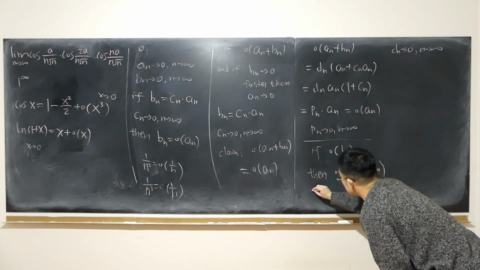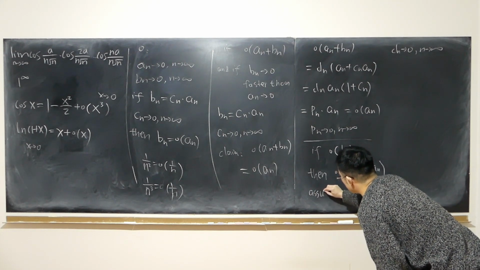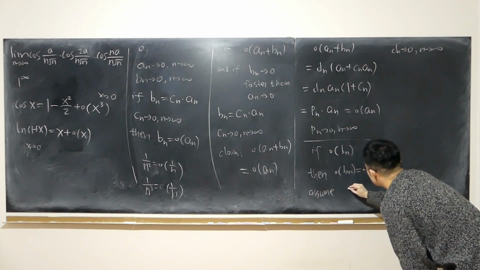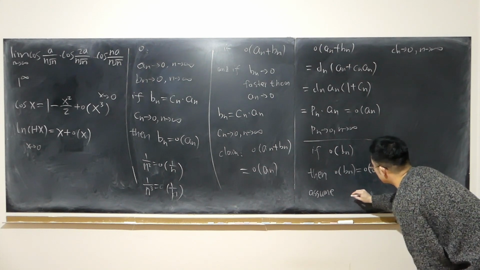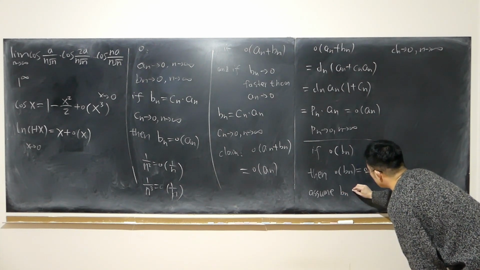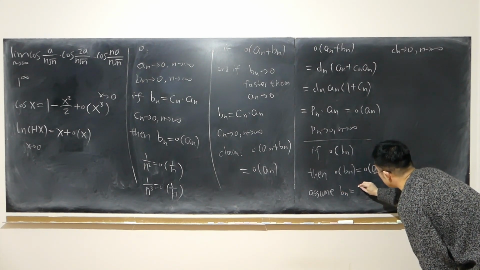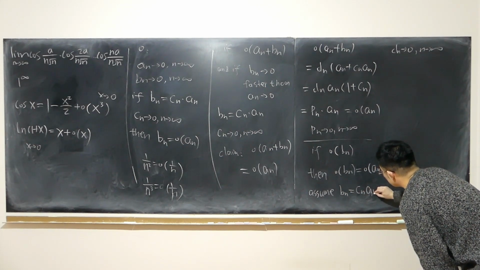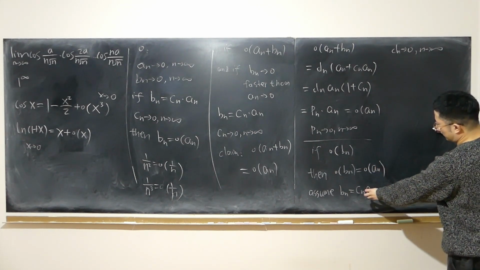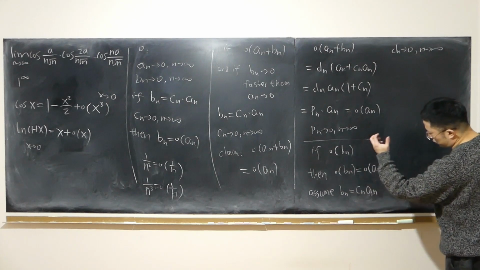So assuming bn approaches 0 faster, it can be written as cn times an, with cn approaching 0.